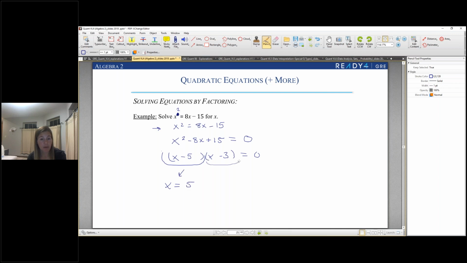And if I want this parentheses to equal 0, x is going to be equal to 3. So the two solutions to this equation that'll make the whole thing equal to 0: I could have x equal 5 to make this guy 0, or I could have x equal 3 to make this guy 0. So those are my two solutions for x. X is either 5 or it is 3. Any questions on this? This is pretty important.